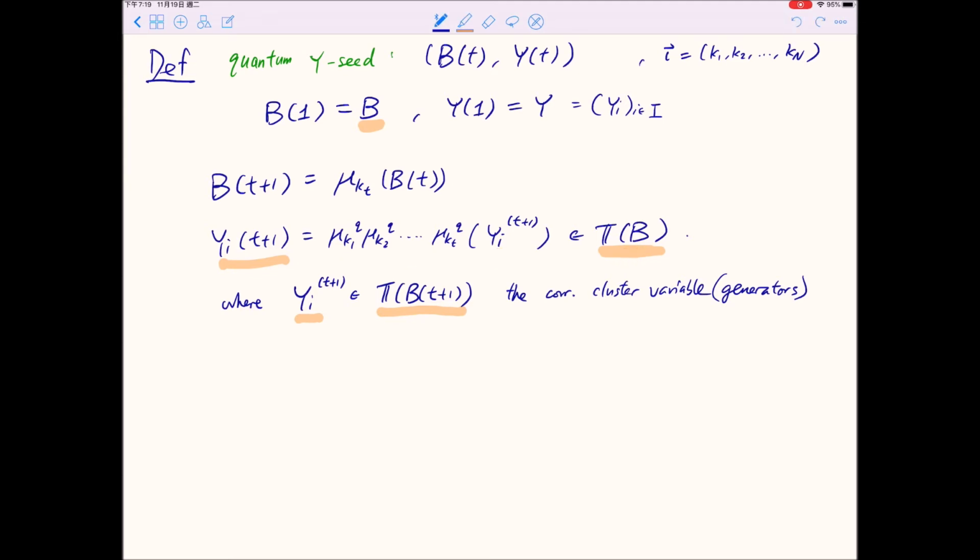The mu_k sends the y seed at t+1 back to the y seed at t. So if you apply that many times, you will go back to B. So this is well defined, and after this many applications, you will get a rational expression. So it will be rational in the initial y seed.